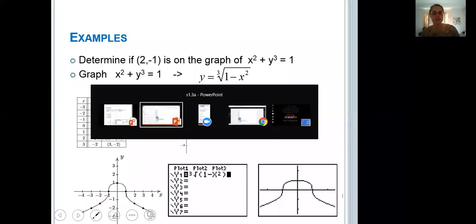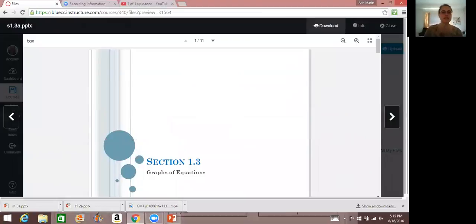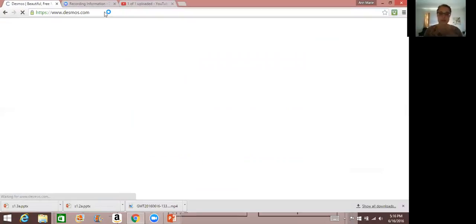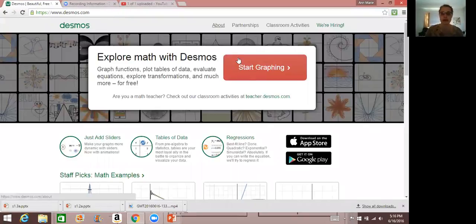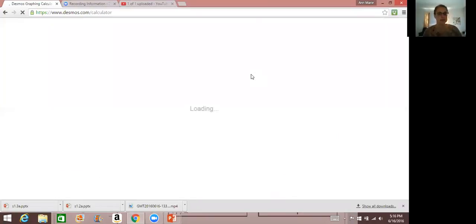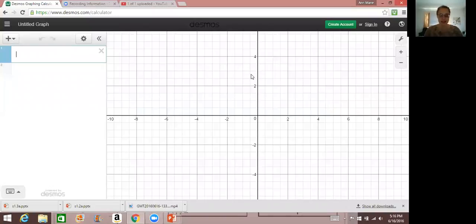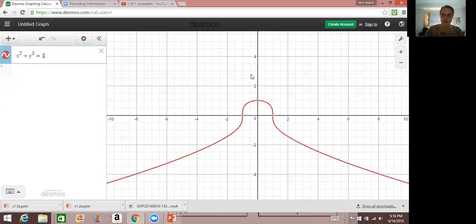One thing you can do for something like this, Desmos is a really handy tool for this. Let's go take a look at Desmos. And we'll start graphing. And let's plug in this equation. The cool thing about Desmos is you can just type in x squared plus y to the third equals 1, and Desmos will graph that for you.